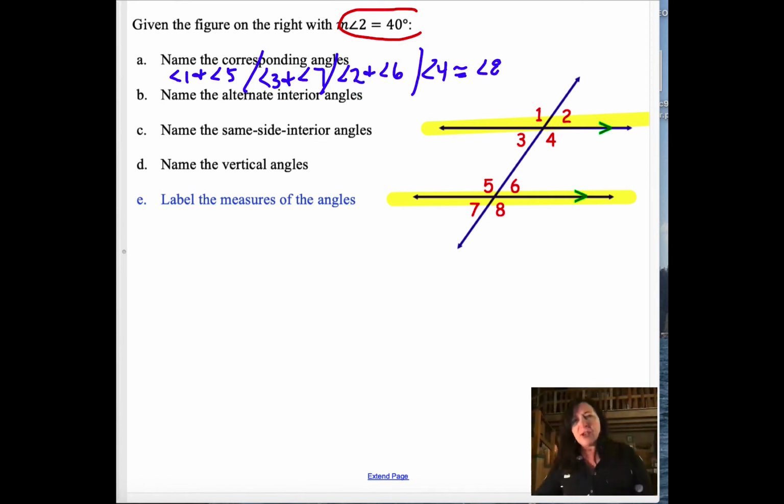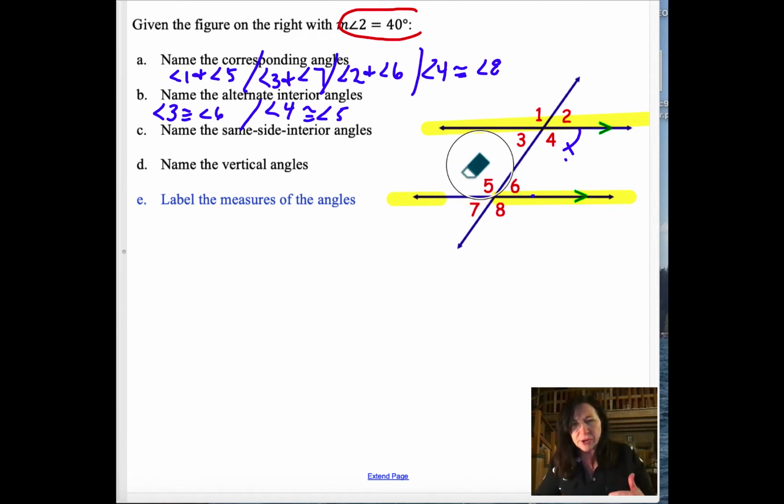So angle 3 and then alternate, that's where that comes from, is angle 6. So angle 3 and angle 6 are congruent because they're alternate interior angles. And then angle 4 is congruent to angle 5.